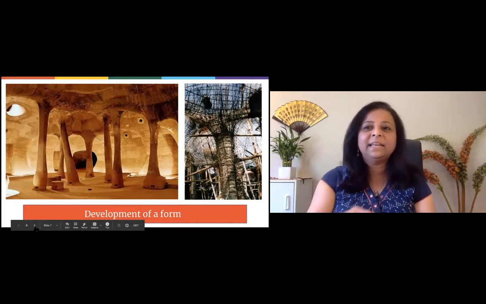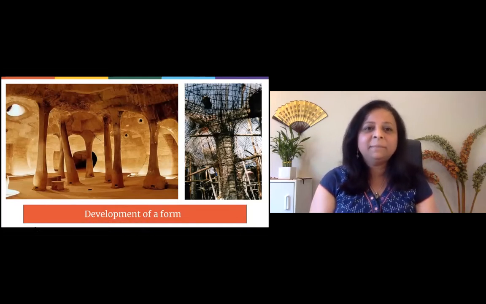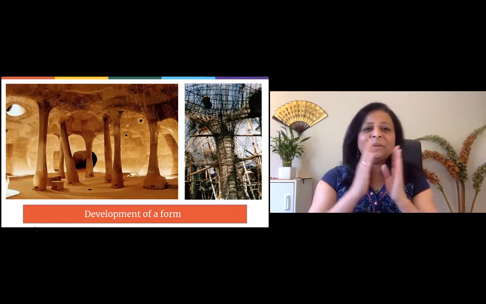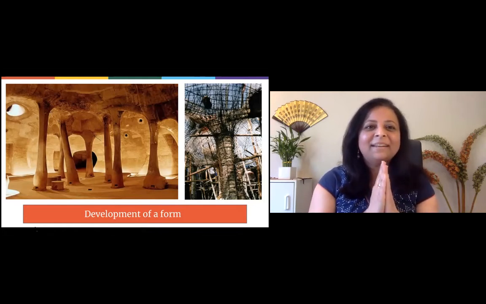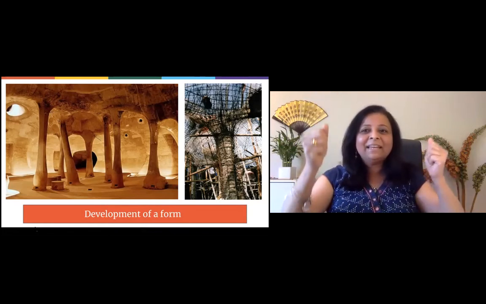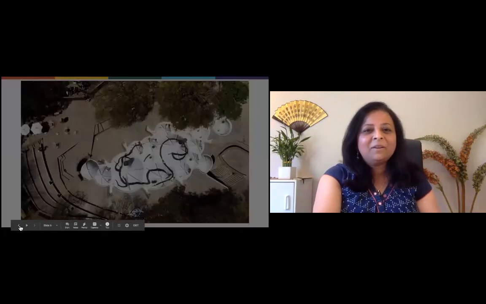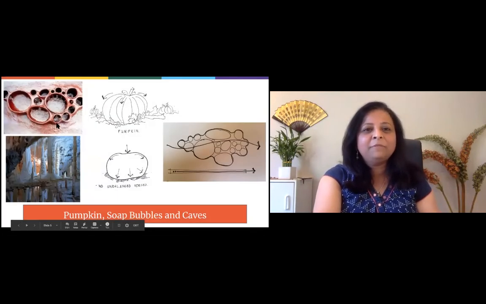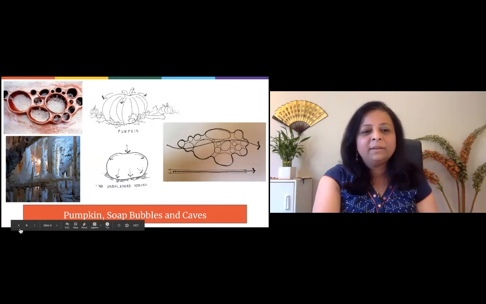Now, here is the inside of the structure, and you can see that the reason why the columns are not just straight but at an angle is because they have to support those bubbles. And if you go back and look at the organic shape of the bubbles, you can see that those are not necessarily straight lines going down.